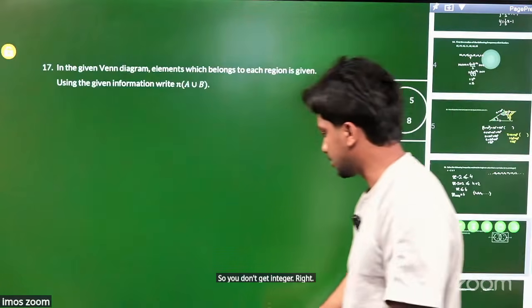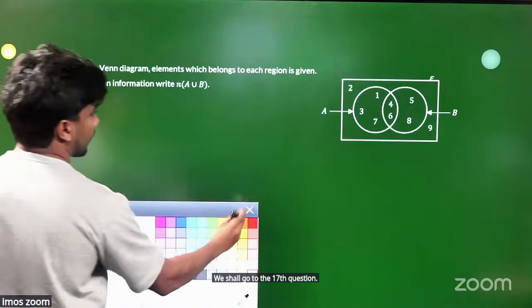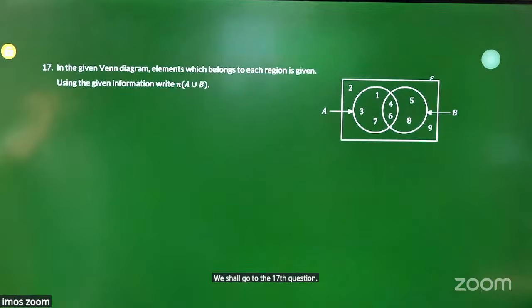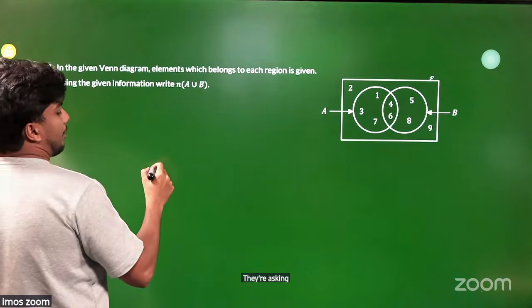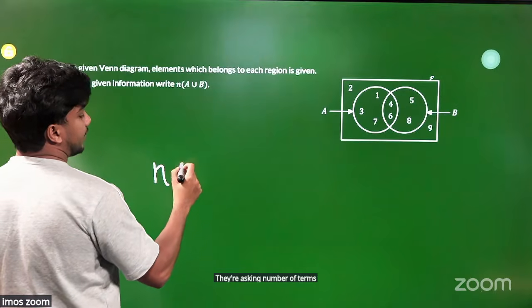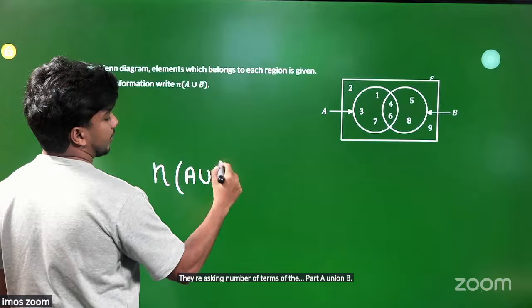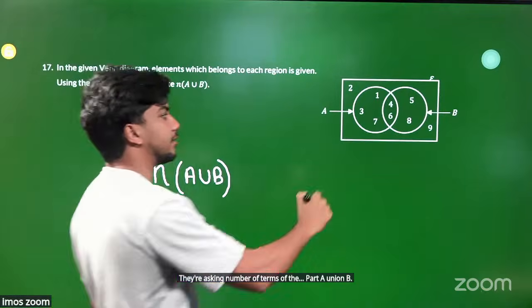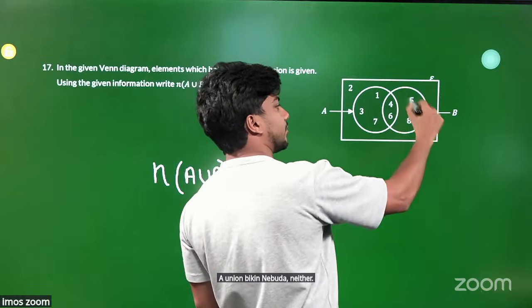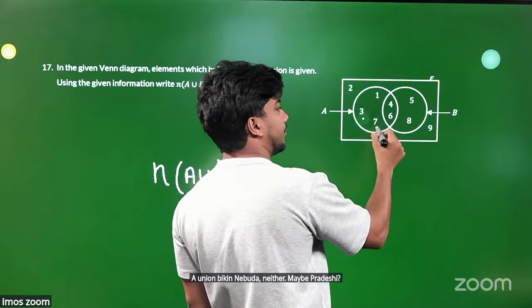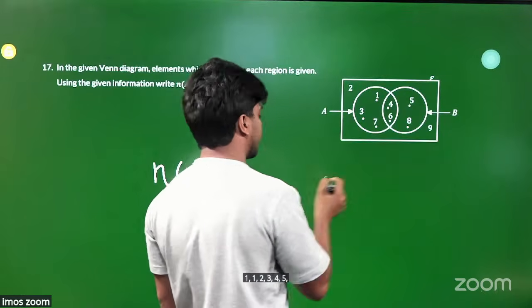We shall go to the 17th question. They're asking number of terms of the part A union B. Answer is 7.